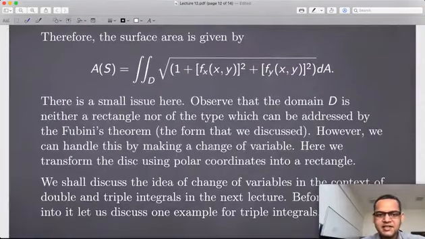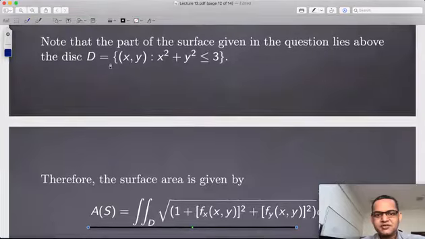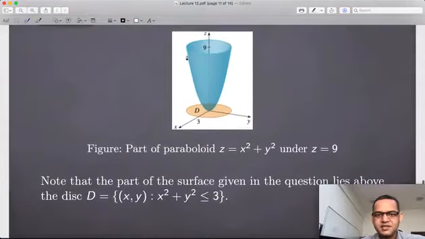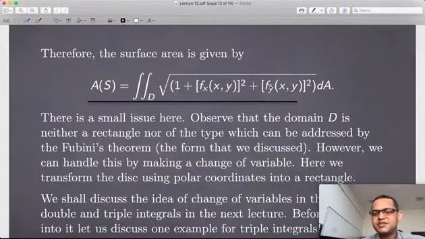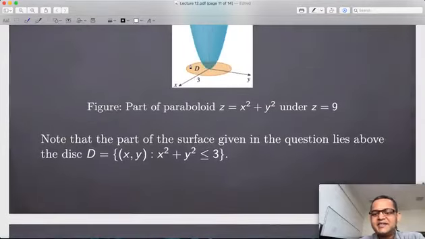So I have written it over here. By the formula of the surface area, if I am interested in computing the surface area of this particular surface, I am supposed to compute this double integral. But there is a small problem here because the domain is now a disk.